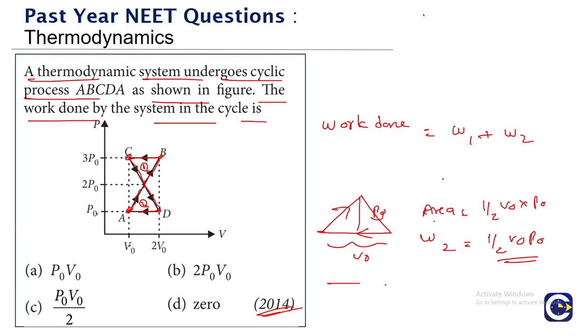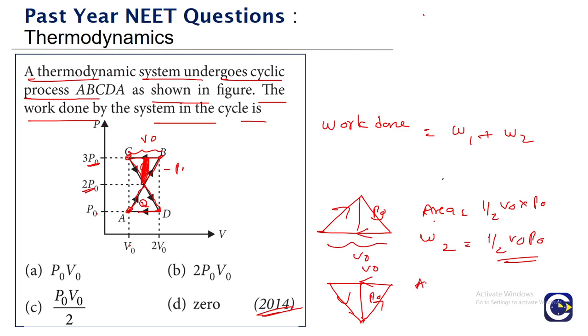Now let us go to that other triangle, triangle 1. This triangle also, what is the base? V0. What is the height here? 3P0 and 2P0. What is the difference between them? It is P0. So technically the area will be same.